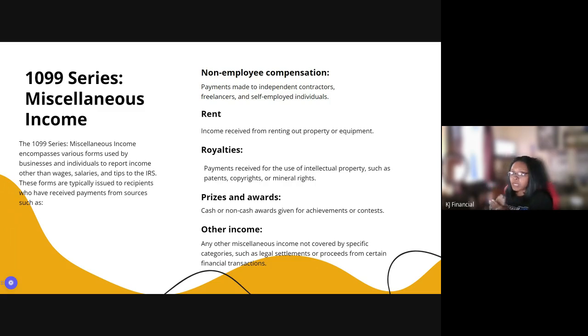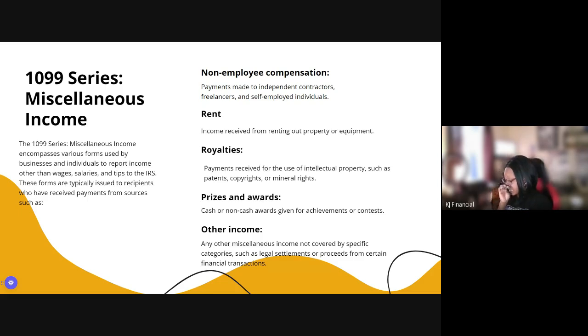So you got your 1099 series. You got non-employee commission, which is payments made to an independent contractor, which is what you all are. Then you have the rent, which you can do renting out property or equipment. You have royalties, copyright, patents, material rights. Then you have prizes and awards. That is gambling, lottery.